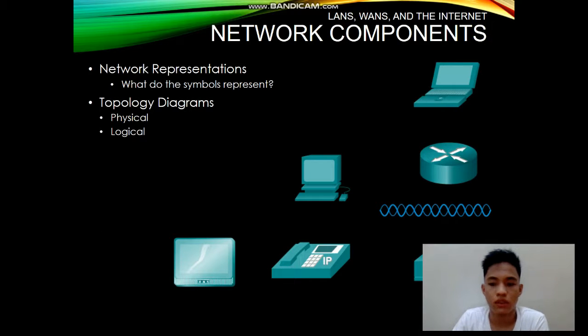Network components, network representations. What do these symbols represent? The ones above are the laptop, the desktop, the router, and the wireless media. This one that was covered by my video is the printer. This one is the IP phone, and the tablet. A topology diagram can be physical or logical.